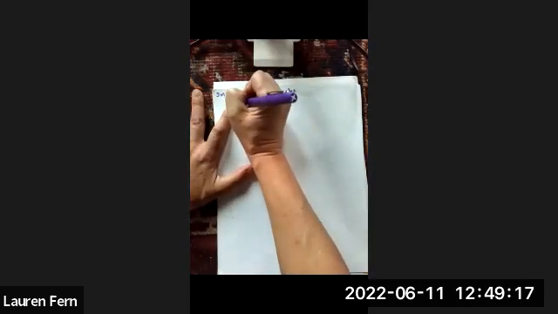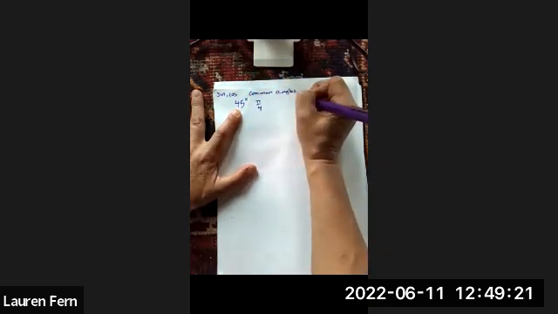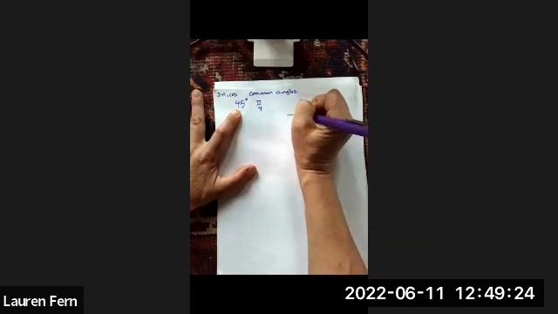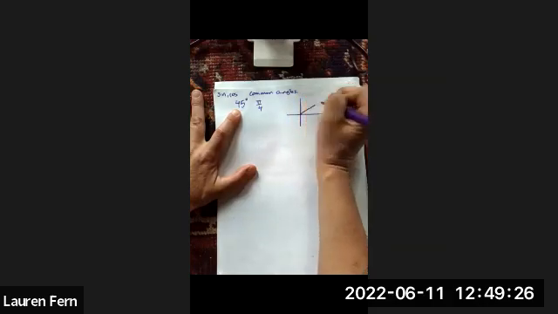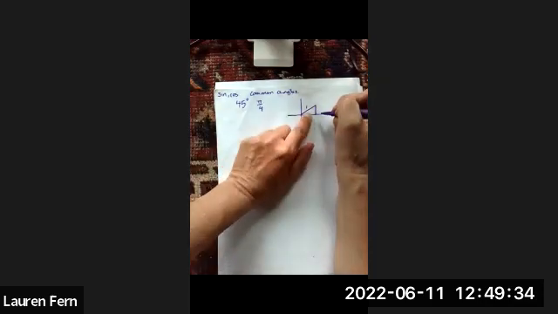So if I want to consider 45 degrees, which we know is pi over 4 radians, that's right about here. Again, we can always just assume we're taking a circle of radius 1.